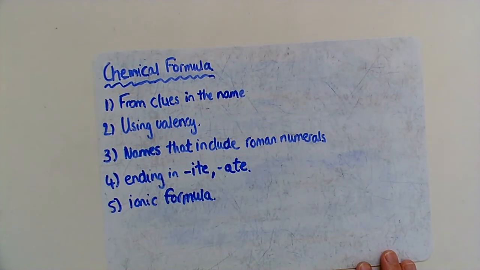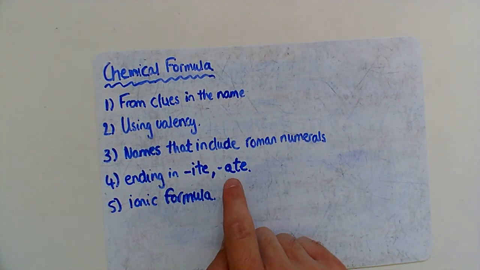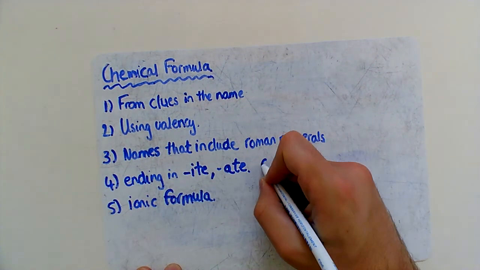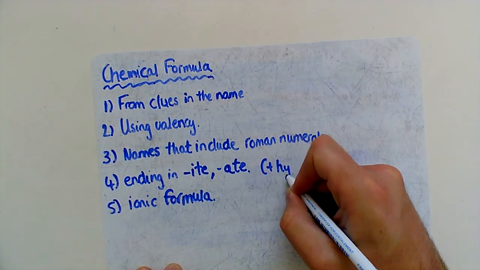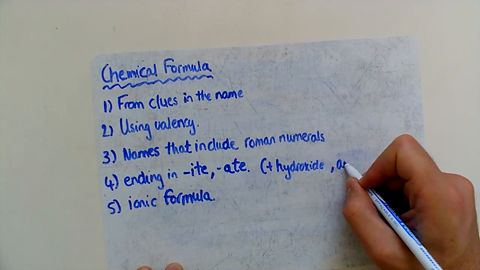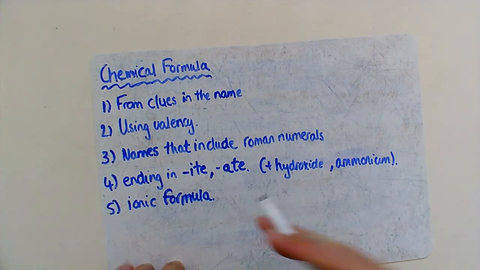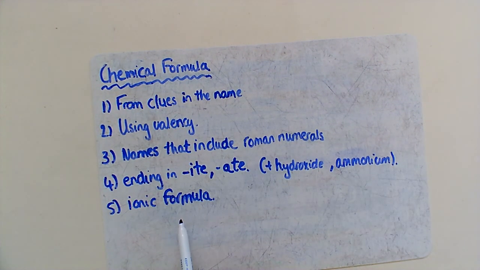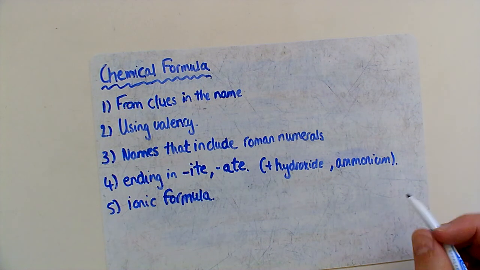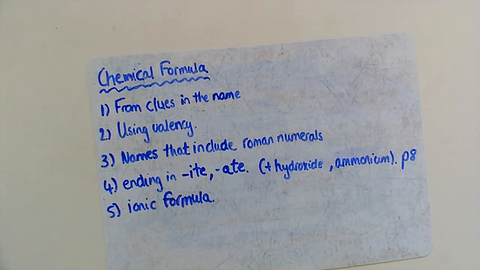So today, what we covered were the final 2 parts of writing chemical formula. We looked at compounds that end in ITE and ATE, but also hydroxide and ammonium. And then we looked at writing ionic formula. So we know that for this one, we need to use page 8 of the data booklet to help us.